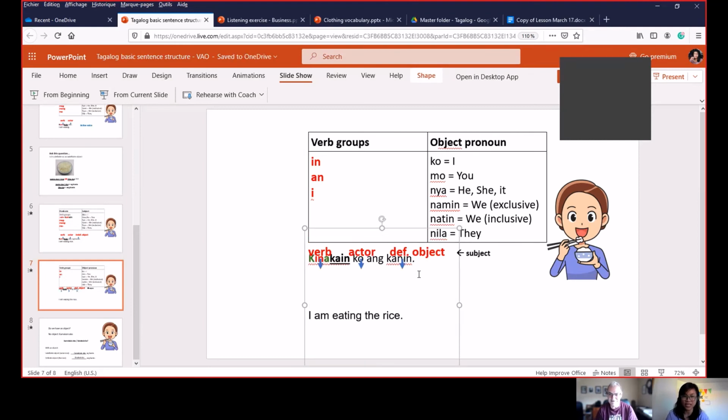So here we actually have ang kanin ay kinakain ko. Ay is the auxiliary verb. Kinakain ko, being eaten by me. Ang kanin is the subject. So the rice is being eaten by me. Even in English, we don't talk that way, unless you really want to specify.